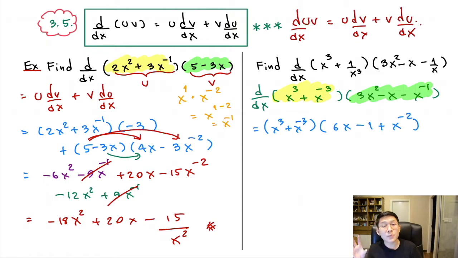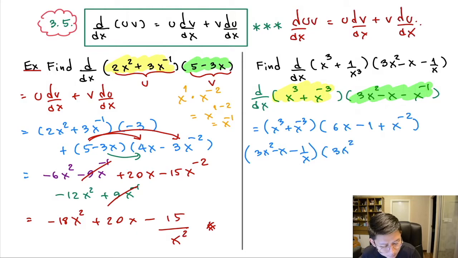Okay, so we have u dv, and then we take v, which is 3x squared minus x minus 1 over x. du would be what? Would be 3x squared minus 3x to the power of minus 4, right?